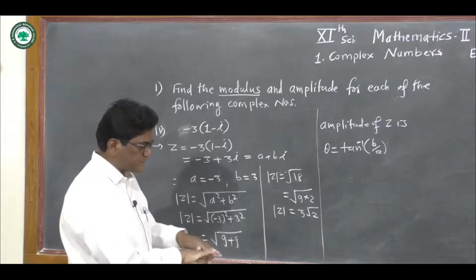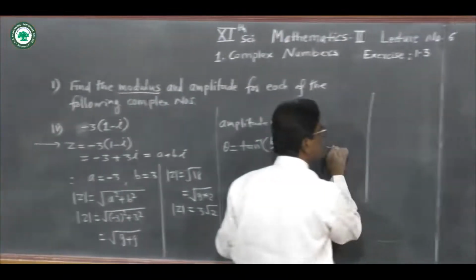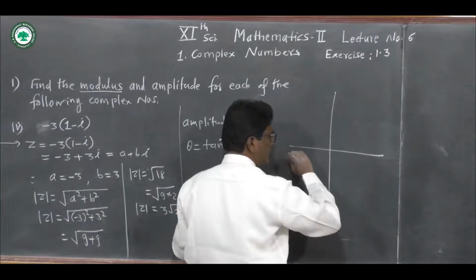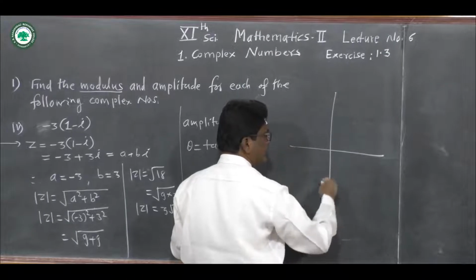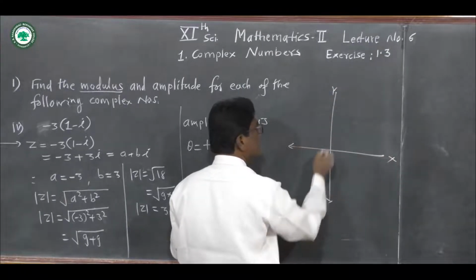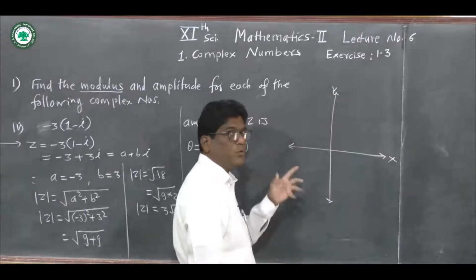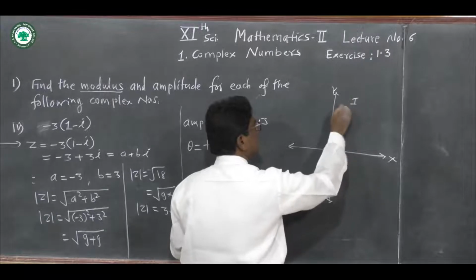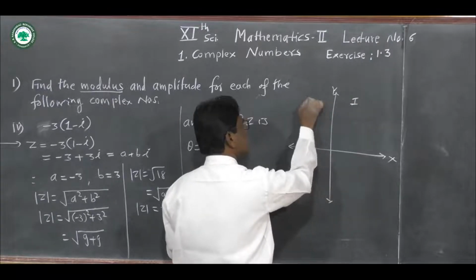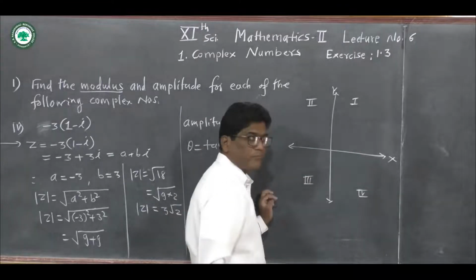Now here we must know one concept. These are the coordinate axes, x axis and y axis. This plane, with the x axis and y axis, is divided into 4 parts. We call this the first quadrant, this the second quadrant, this the third quadrant and the fourth quadrant, we know.